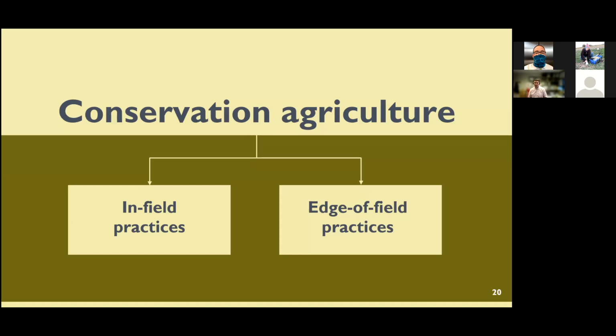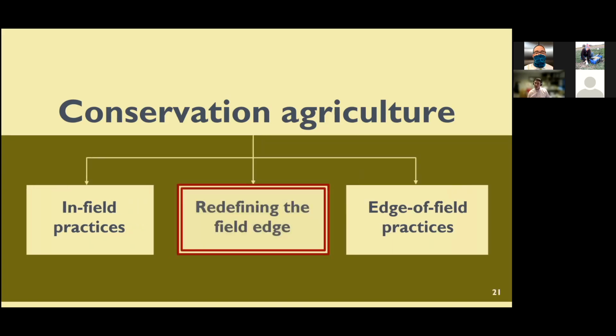A lot of times we talk about in-field practices, like no tillage or cover crop usage, or we flip and talk about edge of field practices, like saturated buffers, bioreactors, and wetlands. But what we're talking about here is converting row crop to that perennial. So yes, it could maybe fall into edge of field, but we're still, so to speak, within the field boundaries, and so it doesn't necessarily fit either of those real well.